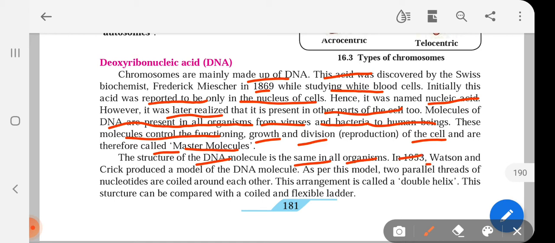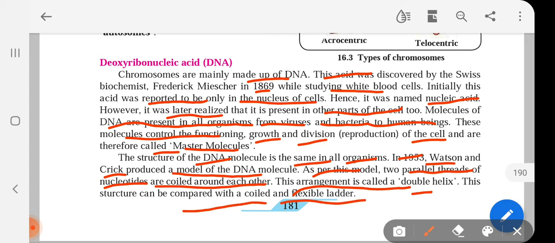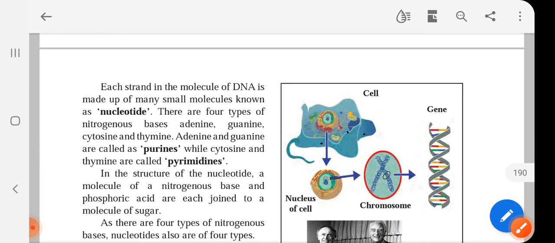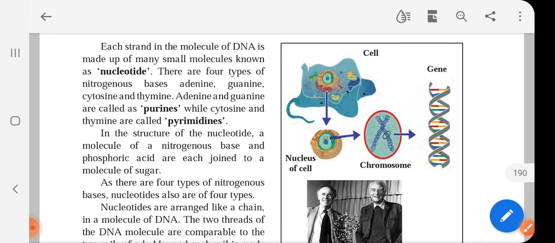In 1953, Watson and Crick produced a model of the DNA molecule. As per this model, two parallel threads of nucleotides are coiled around each other. This arrangement is called a double helix. This structure can be compared with a coiled and flexible ladder. So this is how DNA looks. Okay, you can see here.